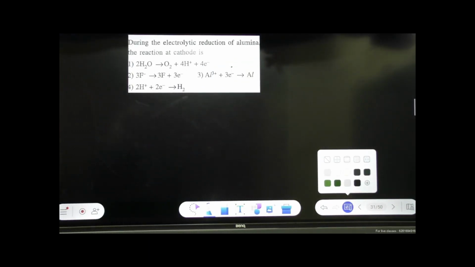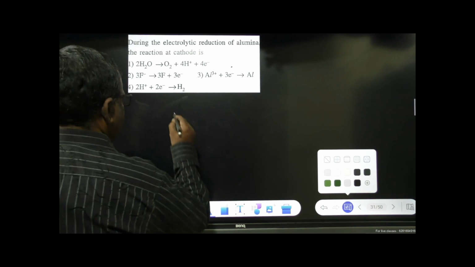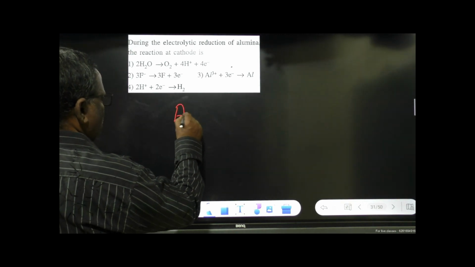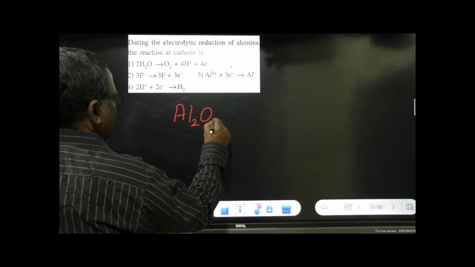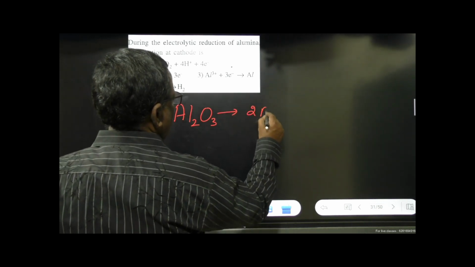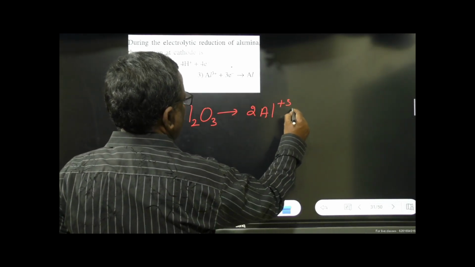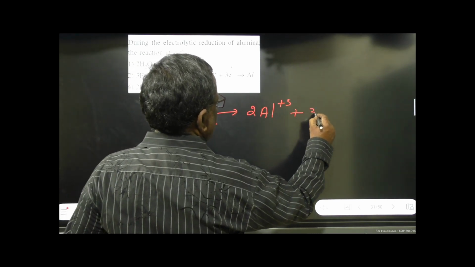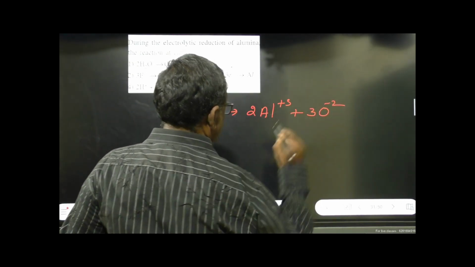During electrolytic reduction of alumina, what is the reaction at the cathode? Alumina means Al2O3. Al2O3 ionizes to give 2Al plus 3 plus 3O minus 2.